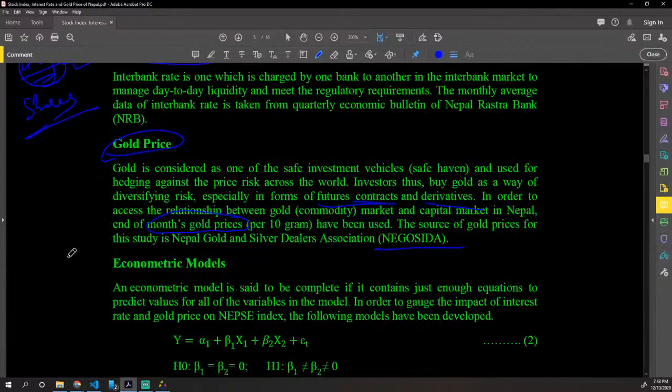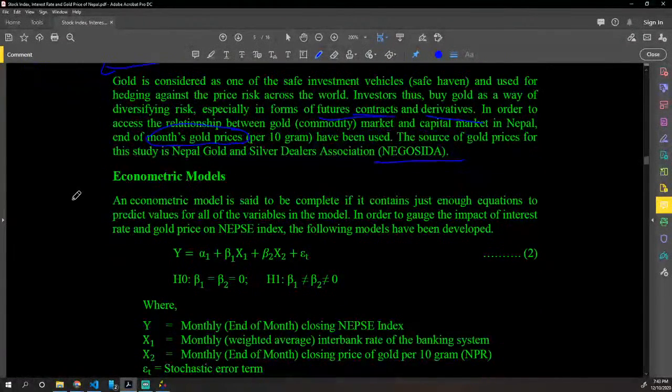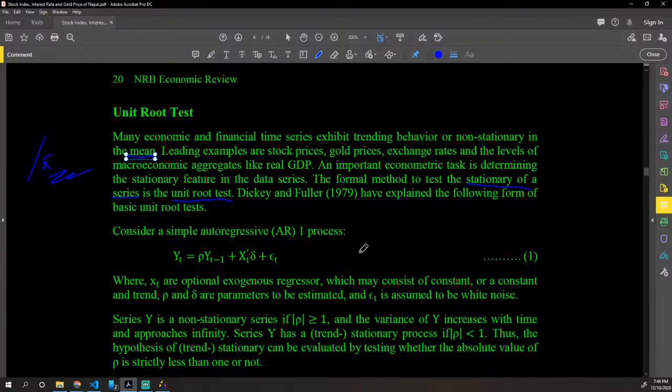So the econometric model that is used is basically an economic model, and I have explained the following form of basic unit root tests. So what have they explained?